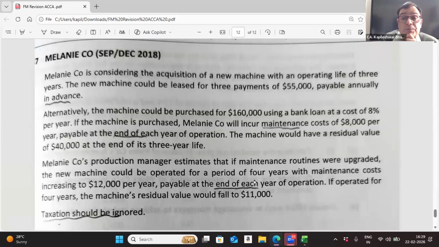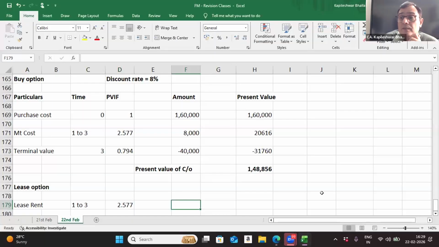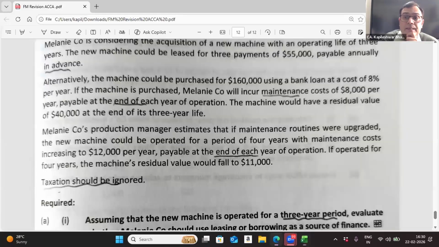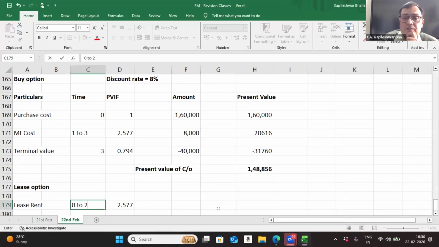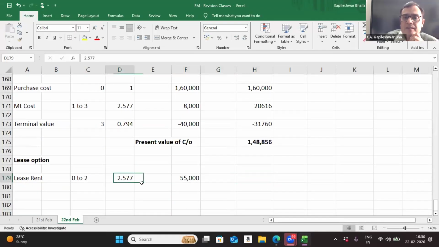This is payable in advance, I'm afraid. So if this is payable in advance, yes, we need to change this from 0 to 2. That's right. It's payable in advance, 0 to 2. Correct. So this is going to be 55,000. This is the only outflow. So let's change the factor, 2.783.